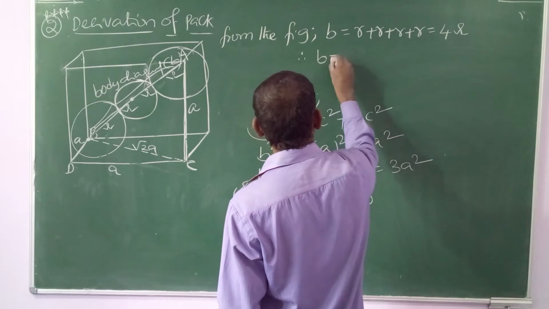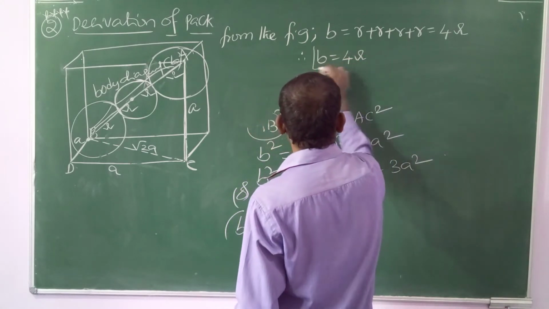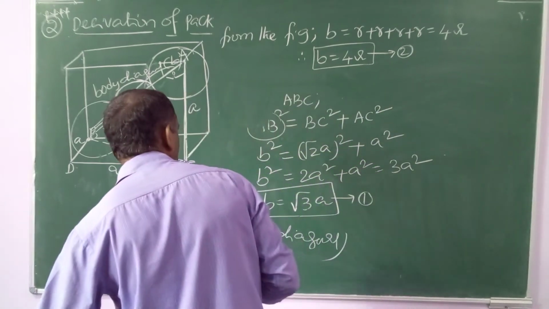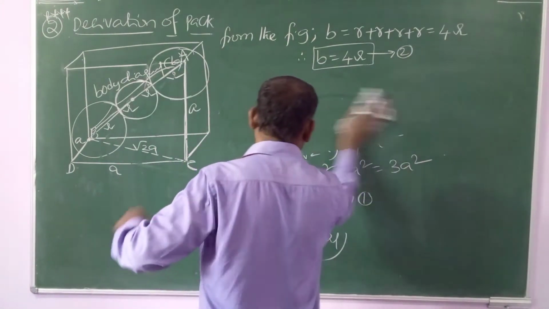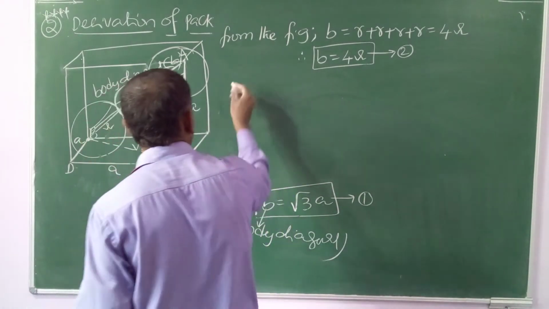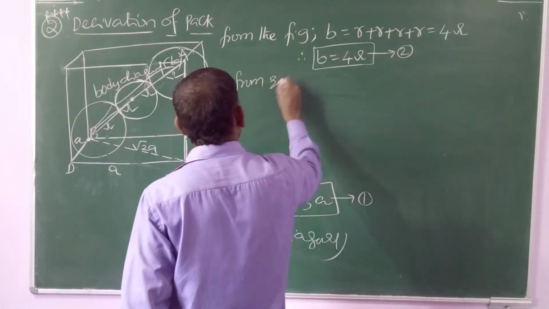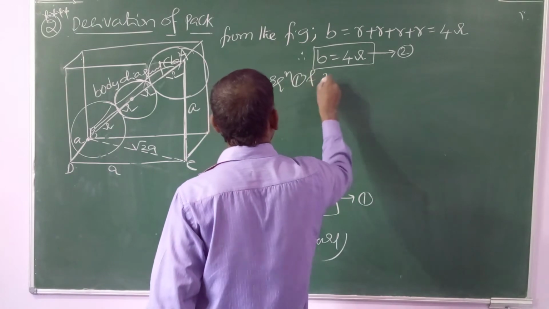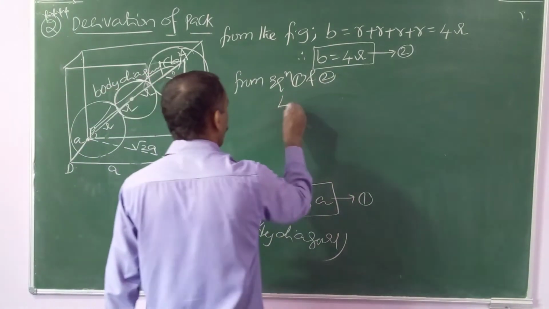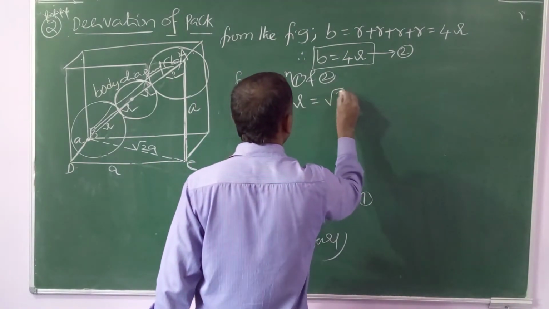Therefore B equals 4R. So it is equation number 2. From equations 1 and 2, left hand sides are same, hence compare the right hand sides. 4R equals root 3A.